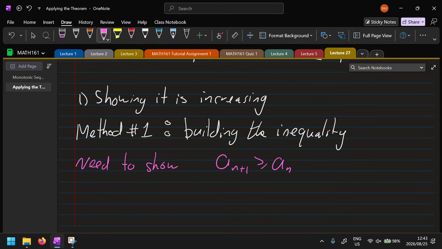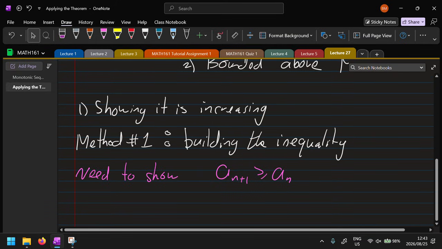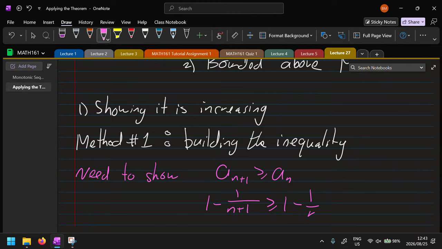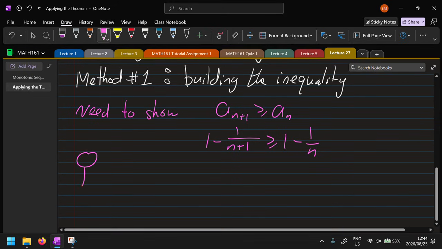That means it's increasing. So if we actually substitute that, what we want is that 1 minus 1 over n plus 1 is greater than or equal to 1 minus 1 over n. That's the goal. So we need to find some starting point such that we get to that.